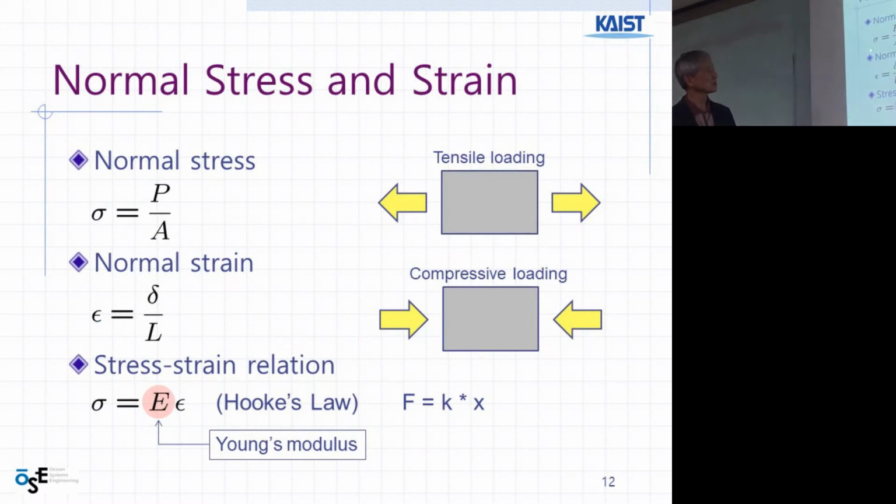Normal stress is force or pressure divided by area, so it is force per unit area, right? Tensile or compressive. And strain is deflection divided by length, so it is per unit length. So it is a ratio, right?